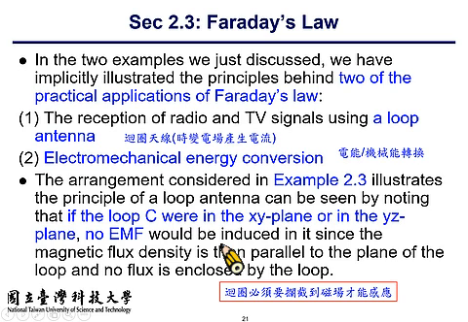Alright, so in the two examples that we have just discussed, we have implicitly illustrated the two applications of Faraday's law. One is the reception of radio and TV signals using a loop antenna. And the other is the electromechanical energy conversion, as we have just illustrated in the previous example.